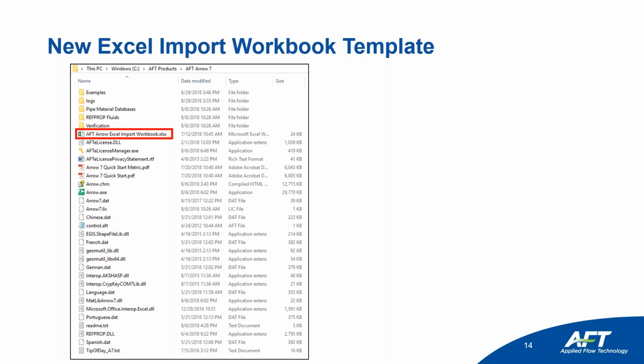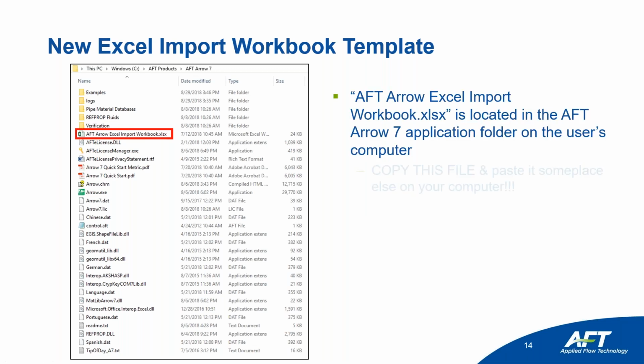So Excel integration. For importing Excel changes, there's a new AFT Arrow Excel import workbook that is located within the AFT Arrow 7 application folder. The important thing is to copy that file and paste it somewhere else on your computer.